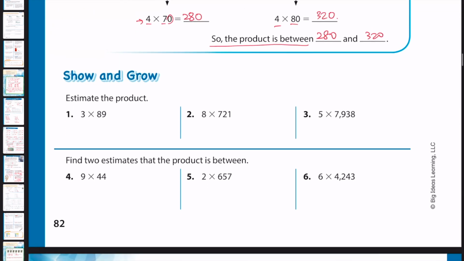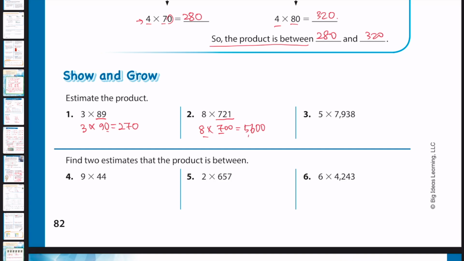All right, and show and grow. Estimate the product. Now this is closer to 90, right? So I'm going to do this. 3 times 90 is what? 27, and add 1 zero at the end. I'm going to say 8 times 700, which is what? 56, right? 8 times 7, and then I'm going to add 2 more zeros.